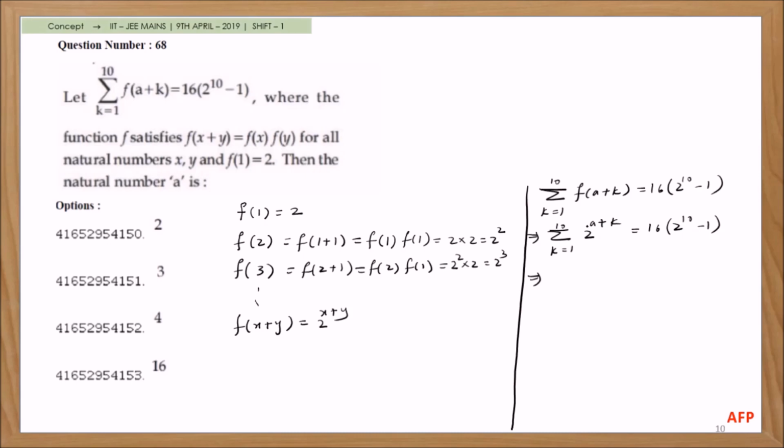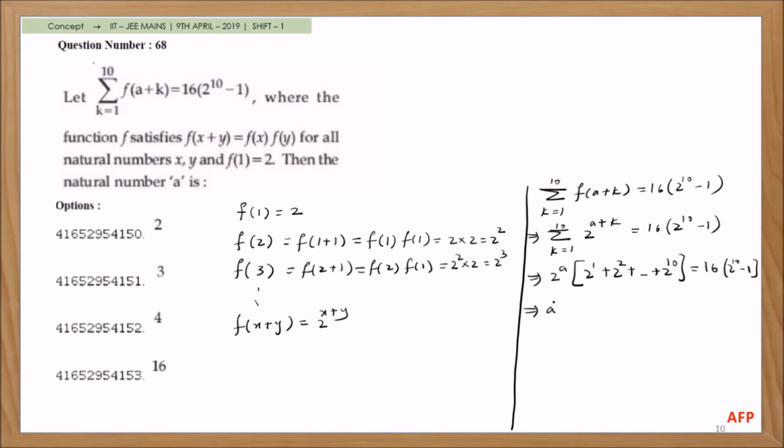The power can be split here, so 2 raised to a comes outside. If you substitute 1 here, we get 2 raised to 1, plus 2 raised to 2, and so on up to 2 raised to 10, is equal to 16 times 2 raised to 10 minus 1.